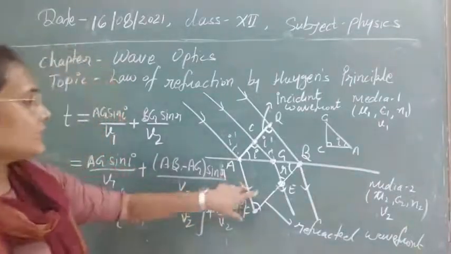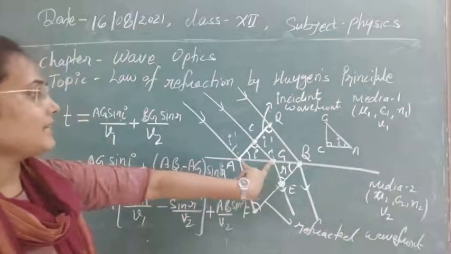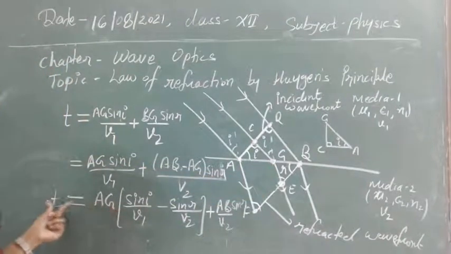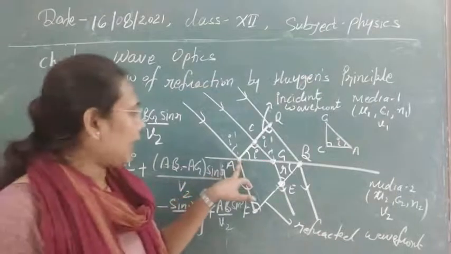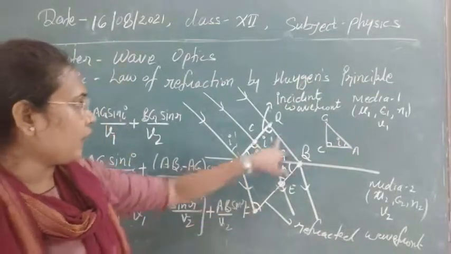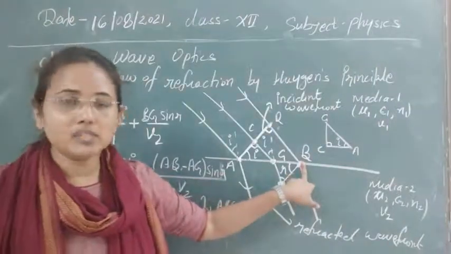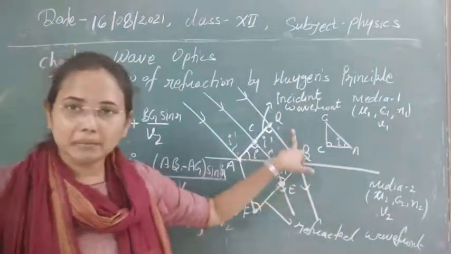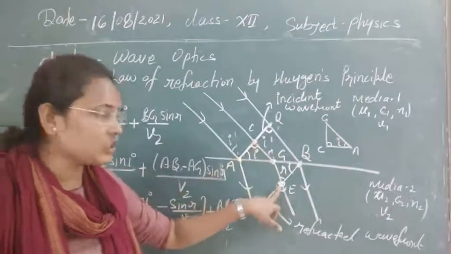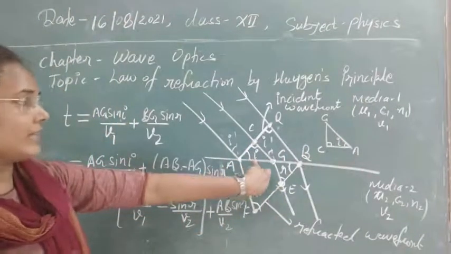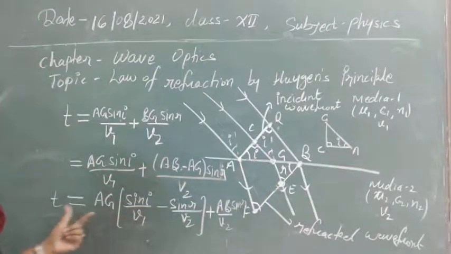So whenever this distance AC changes, our time will change. But the time taken from A to F or from D to B is independent of that point, so it will remain the same, but this one will change according to the change in AC.